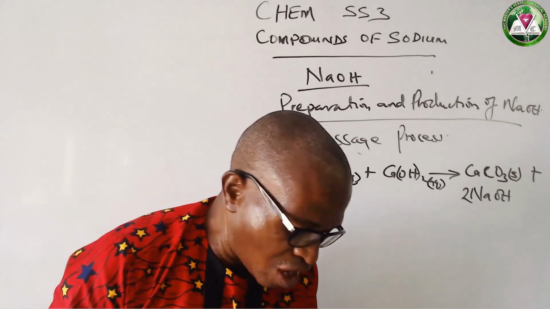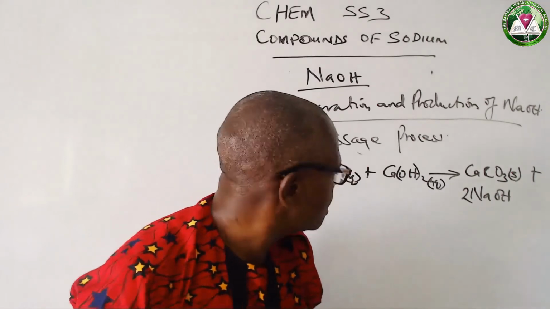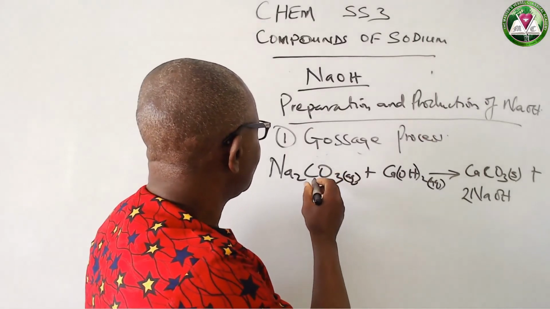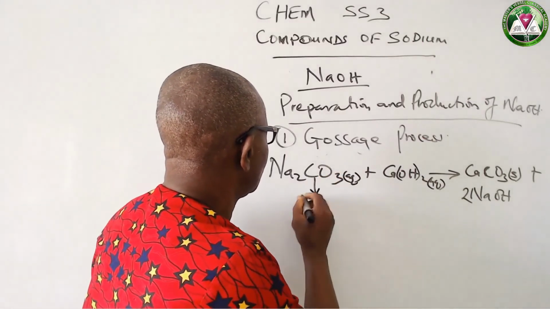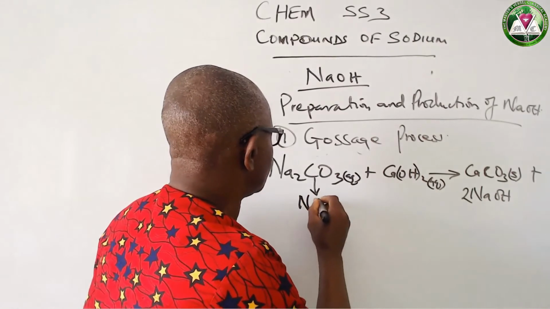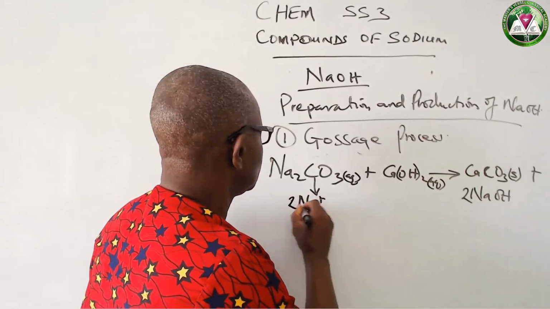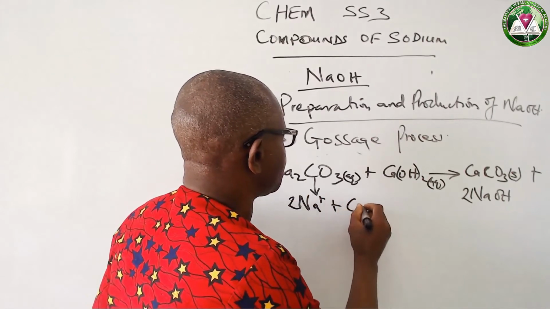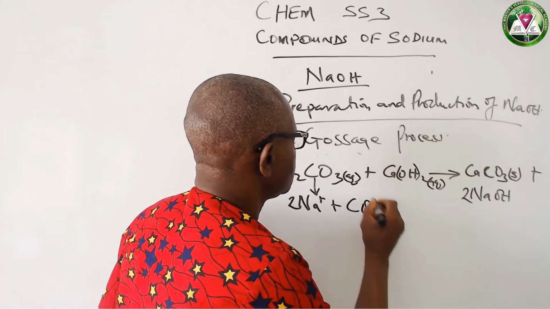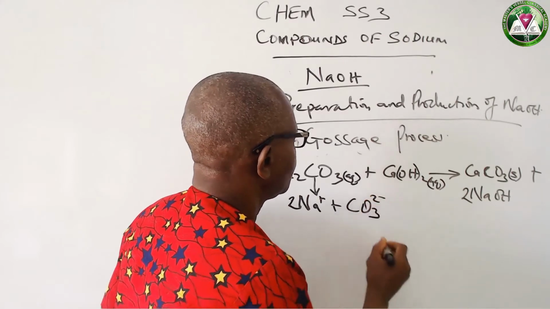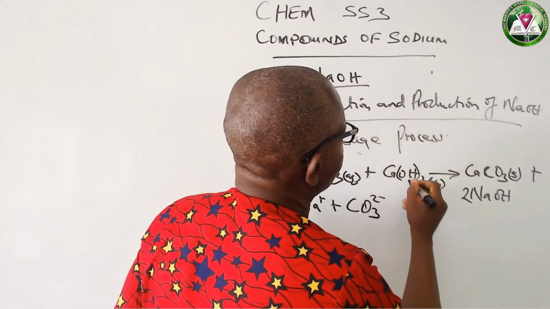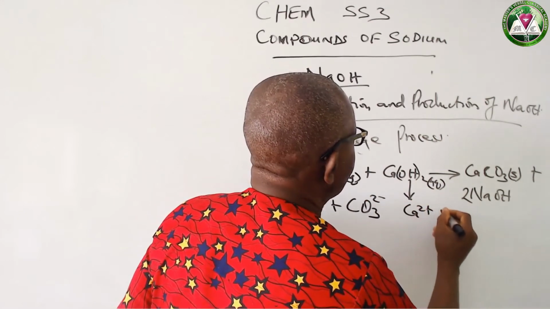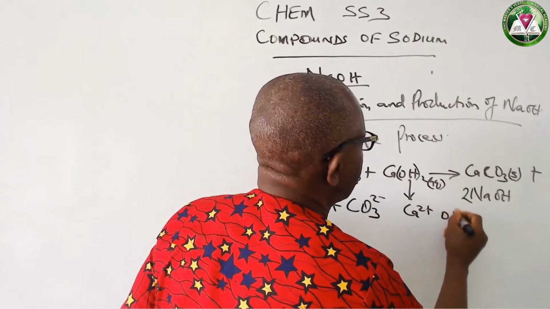Double decomposition because the first compound here, sodium trioxocarbonate(IV), is split into sodium ion and trioxocarbonate(IV) ion. And this calcium hydroxide is split into calcium ion and hydroxide ion.